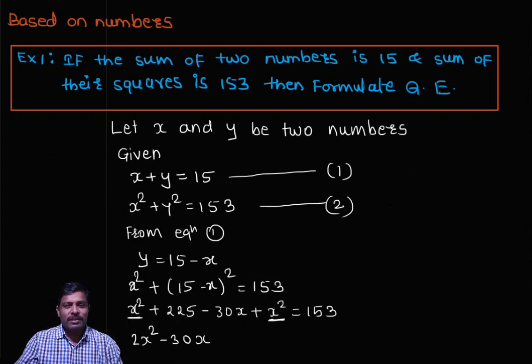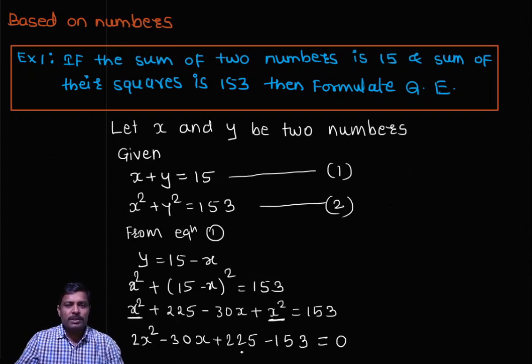After that, now the turn of constant numbers. You just search how many constant numbers are present in this expression. 225, and this is a constant number, 153. If we transfer this 153 to the left hand side, I will get such an expression.